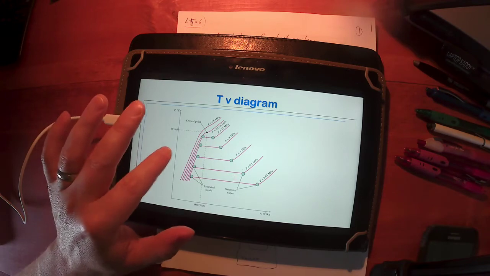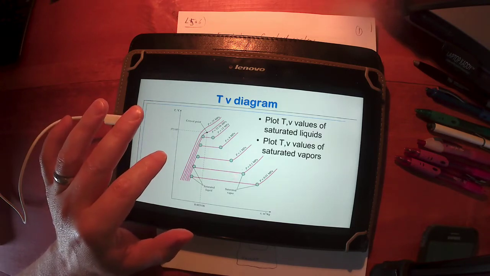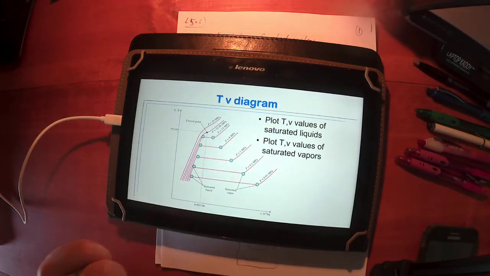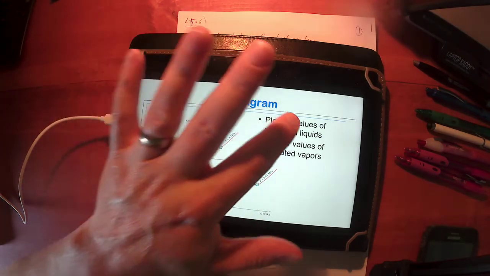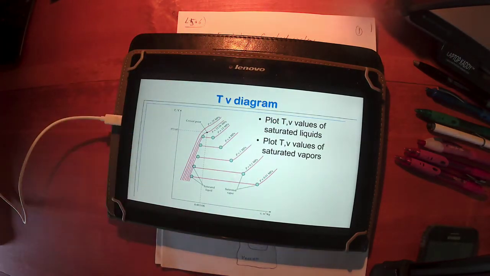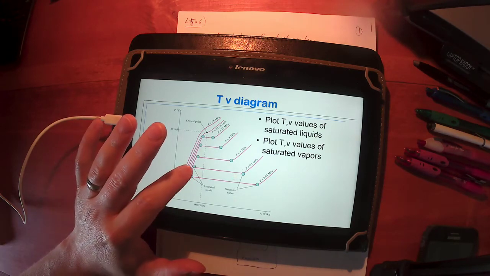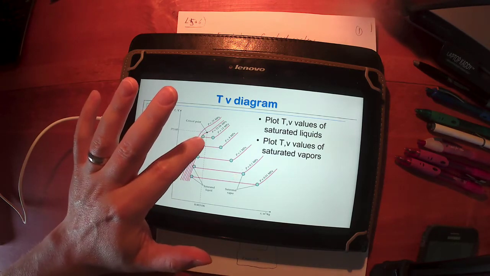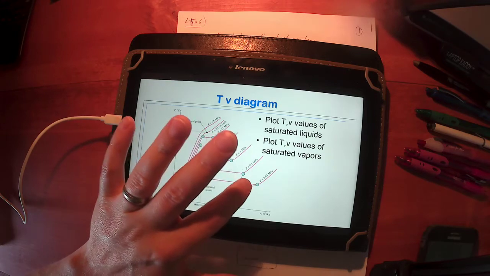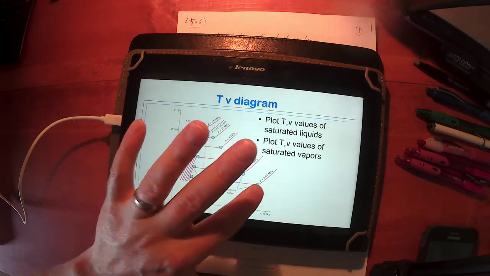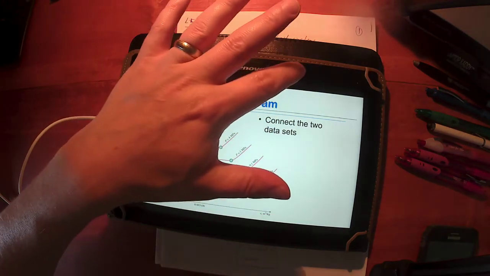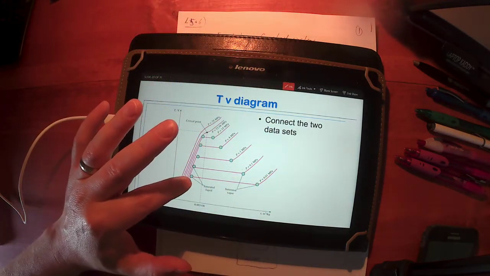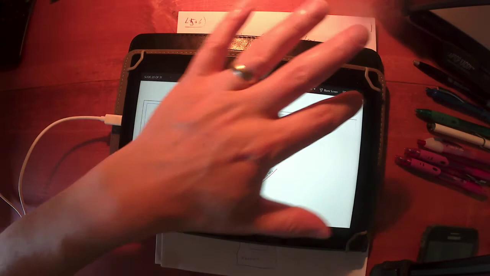Okay, so here's what we can do though. If I plot the temperature volume values, again, this is temperature on the y-axis, volume on the x-axis. If I plot temperature volume values where it's saturated liquid, that's at the beginning of these flat lines, and it's a saturated vapor, that's the end of these flat lines. If I plot all those points and I connect the two data sets, right, so let's go black ink on this.